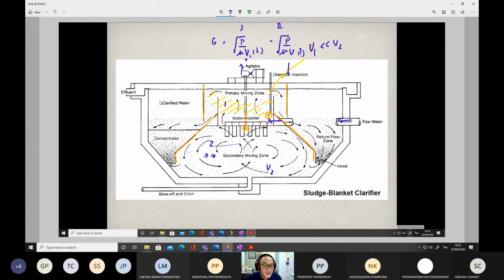So this is the outer compartment. You have to keep in mind this is a circular tank. You have to think in 3D.